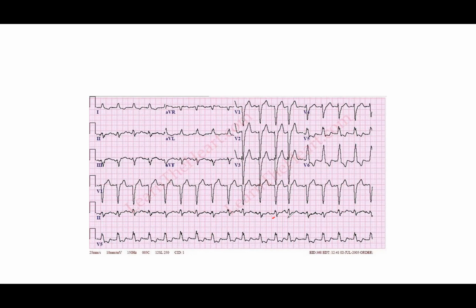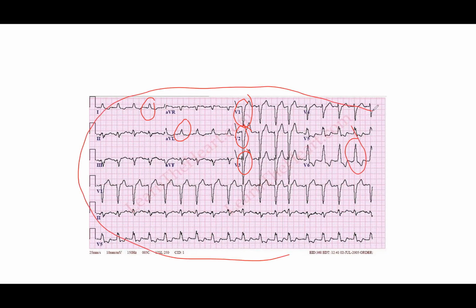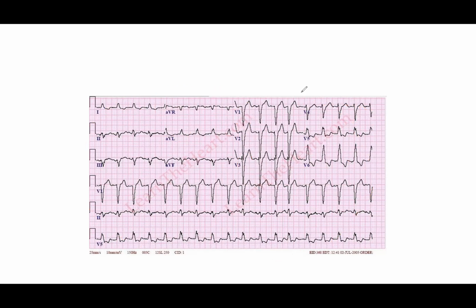They're not prolonged. QRSs are wide. That's a wide QRS. I'm just kidding. We got some wide QRSs all over the place, so it looks like a bundle branch block.